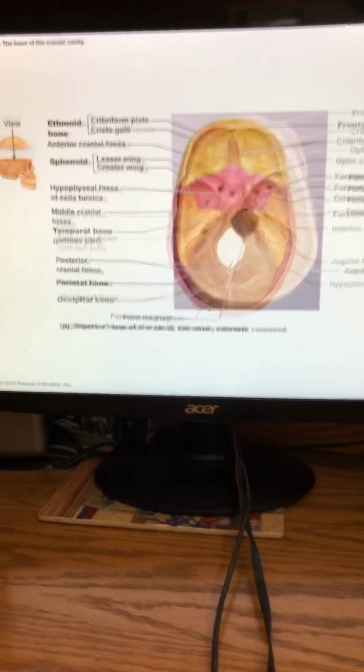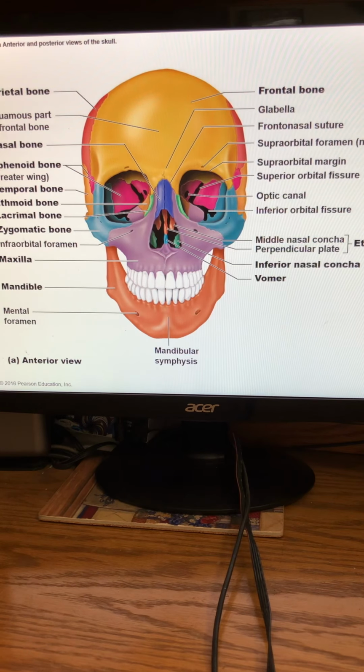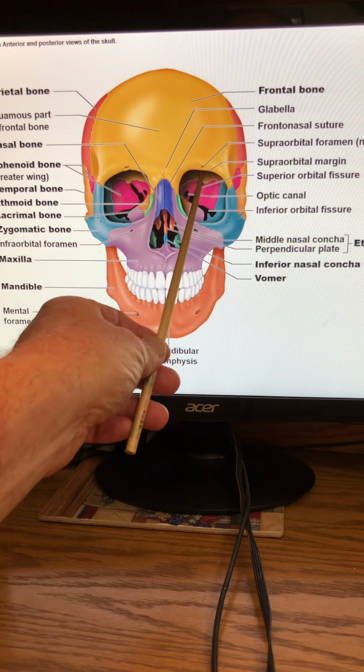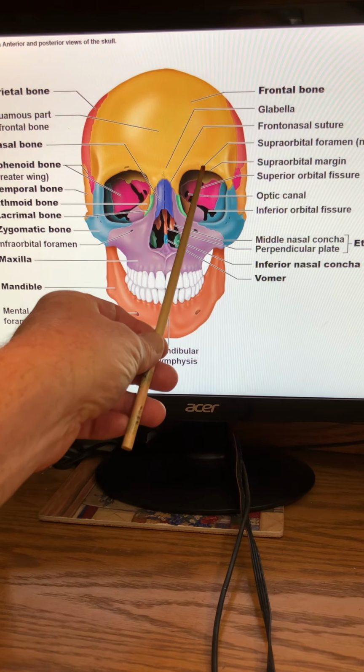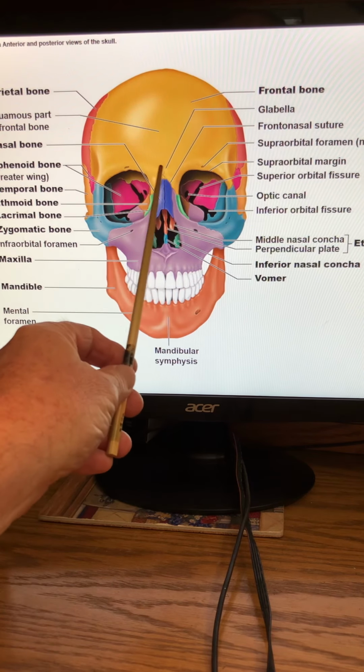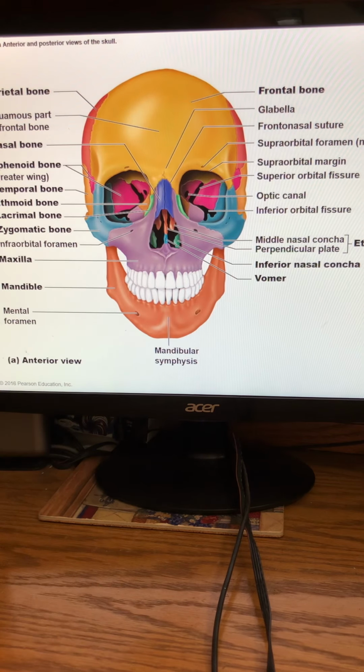But its purpose is to lighten the weight of your skull; basically it is an air-filled, mucus-lined cavity. So that takes care of the supraorbital margin, the supraorbital notch or foramen. The glabella is the space between the two sinuses, inside or outside of your skin.